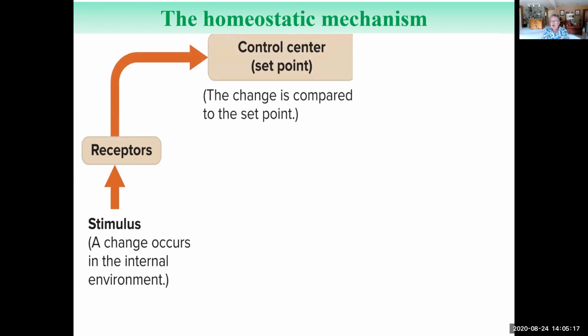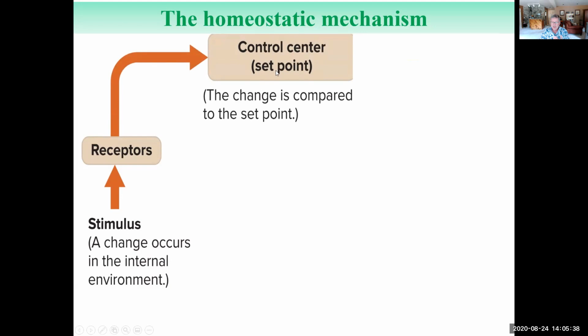We'll just say nerves for now. And those nerves will relay nerve impulses from the receptor that's been stimulated due to the change taking place in our body or outside our body. And those impulses are sent to some control center.